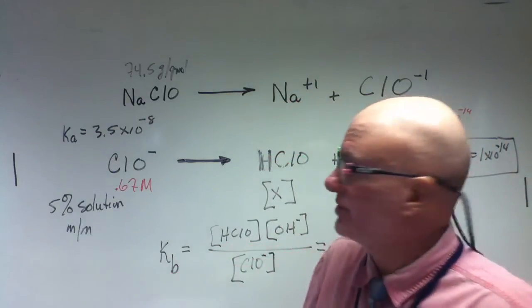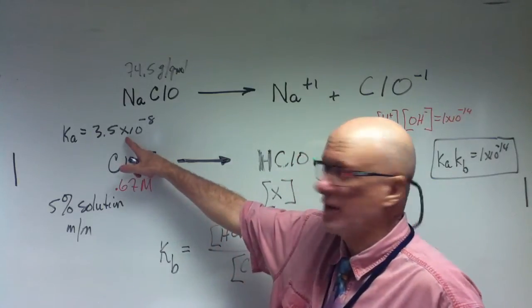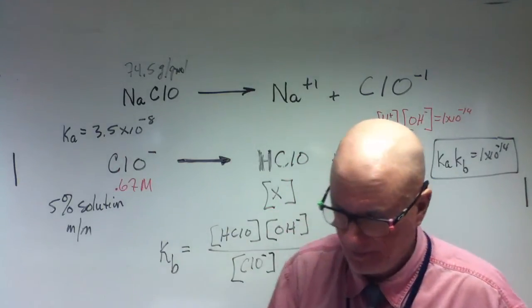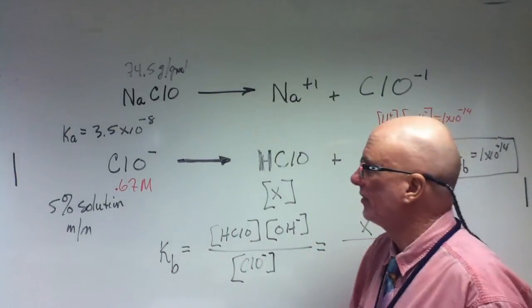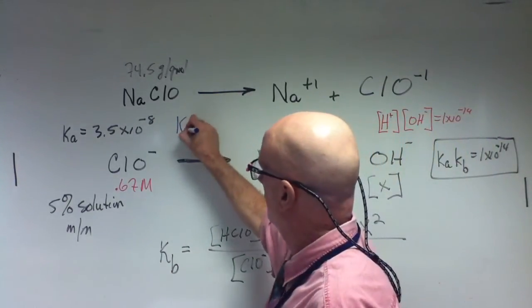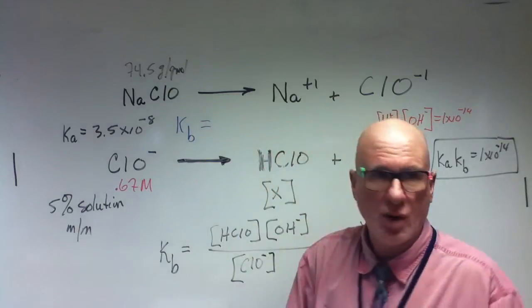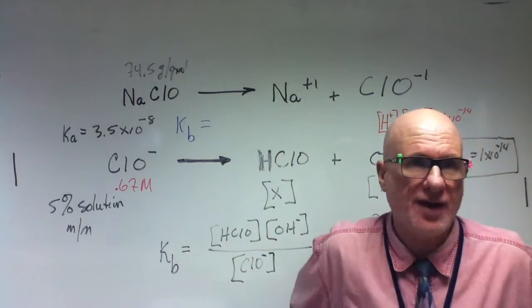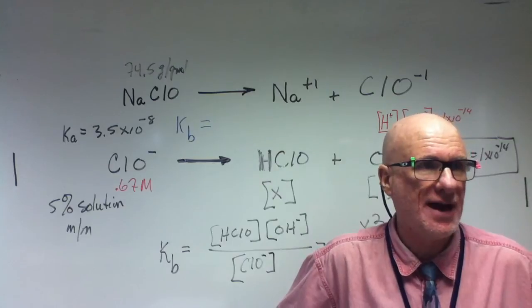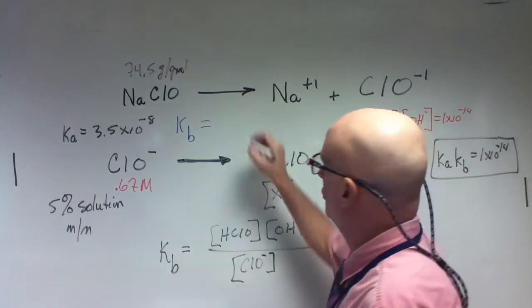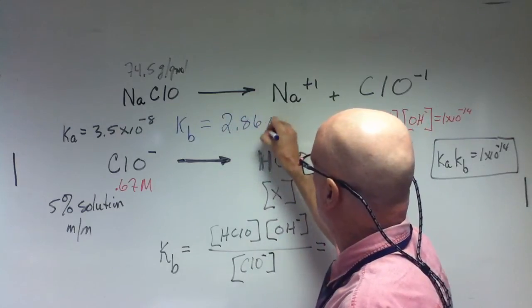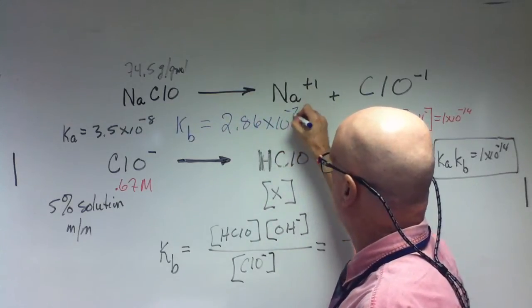So what is 1 times 10 to the negative 14th divided by 3.5 times 10 to the negative 8th? Divided by the Ka. What is the value? 2.86 times 10 to the negative 7, right?